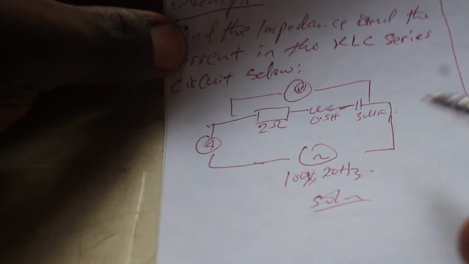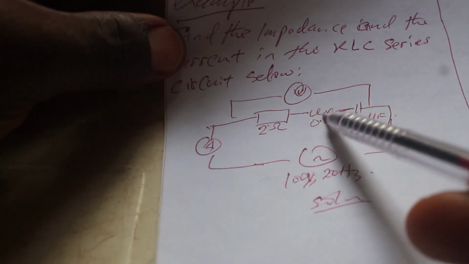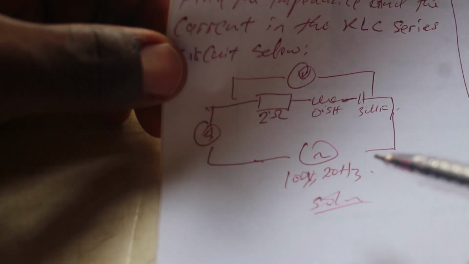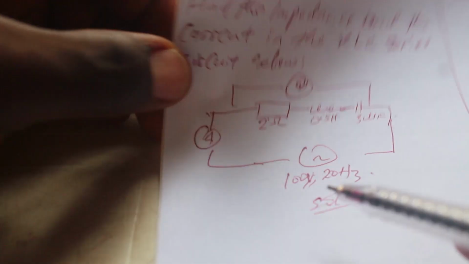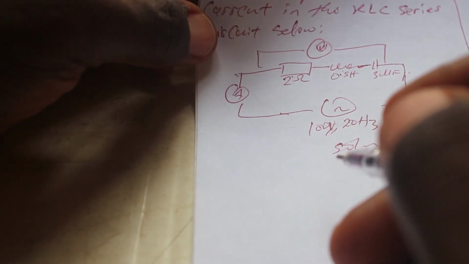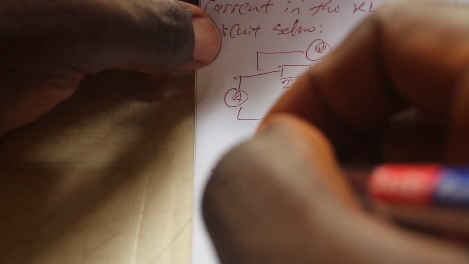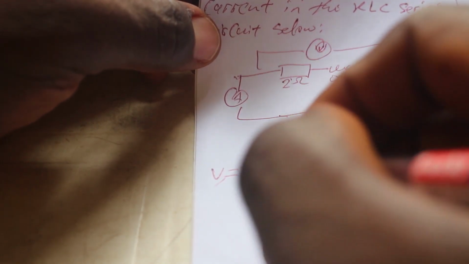So here we have an RLC series circuit, they're connected in series. And we've been asked to find the impedance and also the current in the circuit. But the first thing we're going to do is to write out all the things we've been given. The voltage at the source is equal to 100 volts.